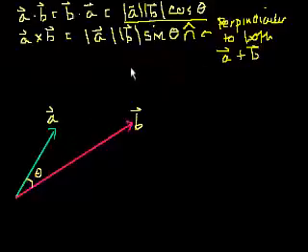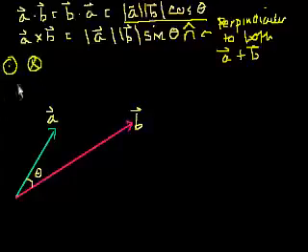So in order for something to be perpendicular to both of these, it either has to pop out of the screen or pop into the screen, right? And when you learned about the cross product, I said there's two ways to show a vector popping out of the screen: it looks like that because that's the tip of an arrow. And to show a vector going into the screen, it's like that because that is the back of an arrow, the rear end of an arrow. So how do you know which of these two it is? Because both of these vectors are perpendicular to A and B.